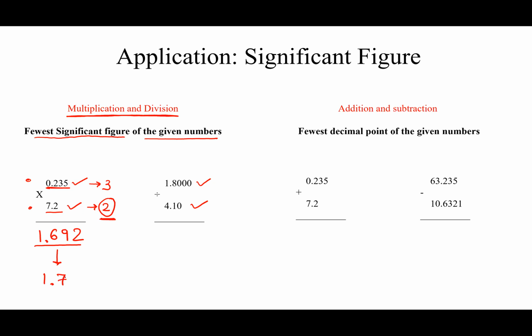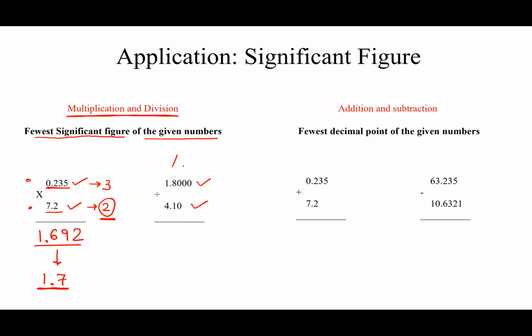However, I'm going to ask one more time in case somebody doesn't know how to round off. Do you guys know how to round off, everyone? Great. So what I did was round off this number to 2 significant figures. So this is 1.7, and that is the right answer. Okay, you got this, everybody?